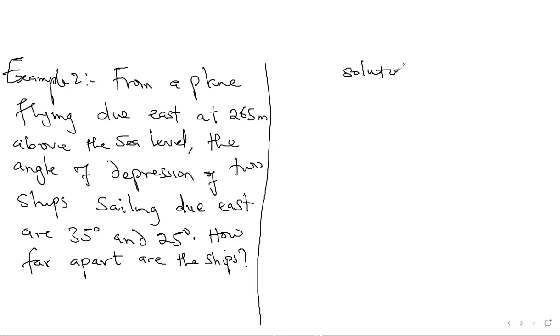So you're told that from a plane that is flying due east at 265 meters above the sea level. So the plane is flying due east, that's towards the right. So let's say the plane is here.